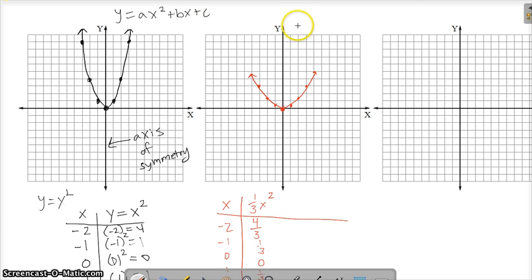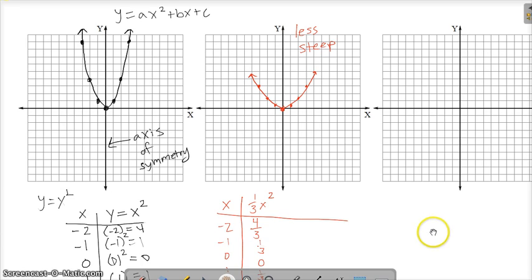So this one is less steep, and we call this a vertical compression. So it's compressed vertically, or it's shrunk. That 1/3 made this curve smaller.